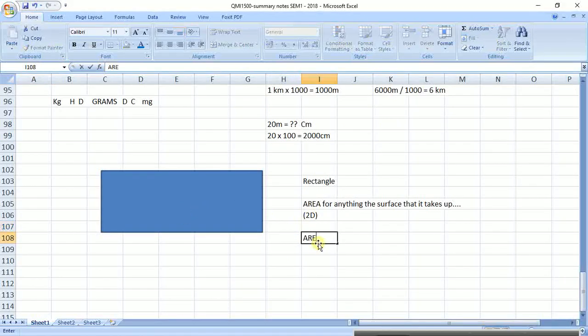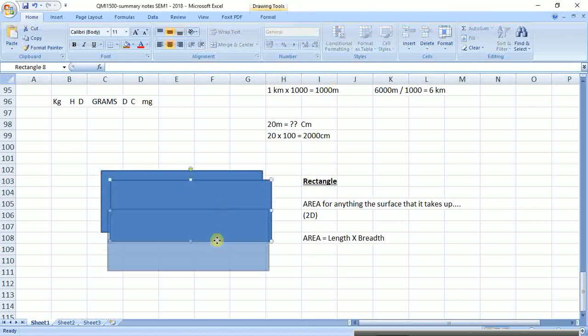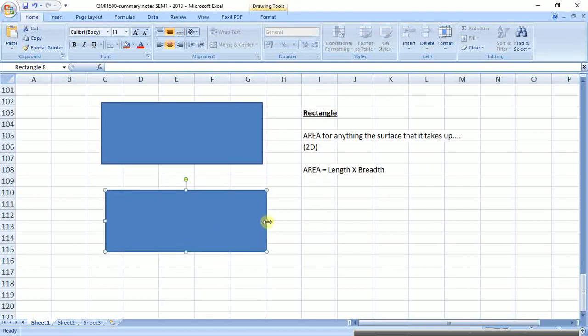So area for a rectangular object is length times breadth. That's what it is. Length times breadth. So that's a rectangle. It's the same for a square. If I had a square, it's still length times breadth.